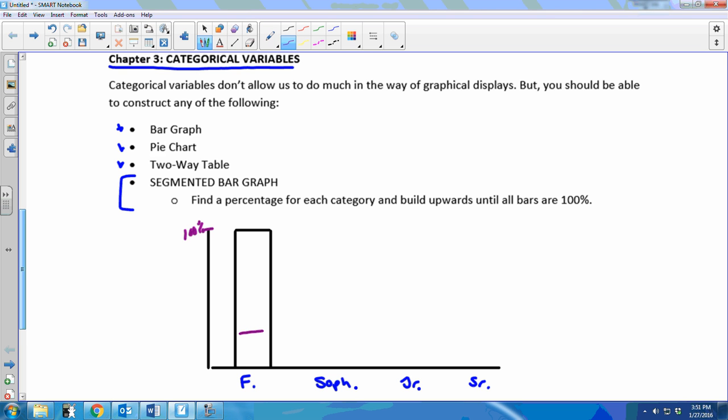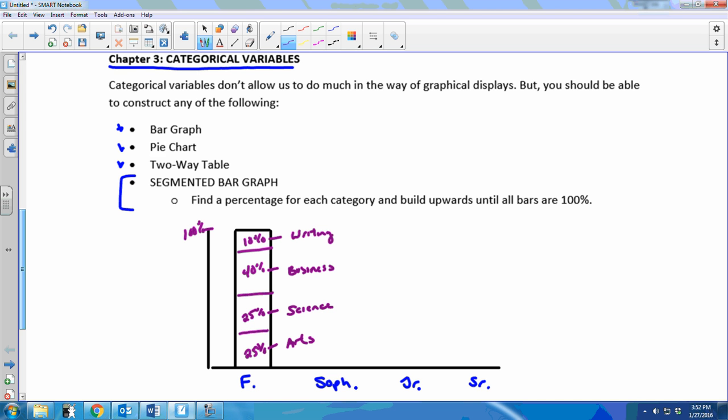But then you put in the categories for their major. So maybe 25% were arts majors, and 25% were science majors, and 40% were business majors, and then 10% were doing some sort of, I don't know, writing or creative something.